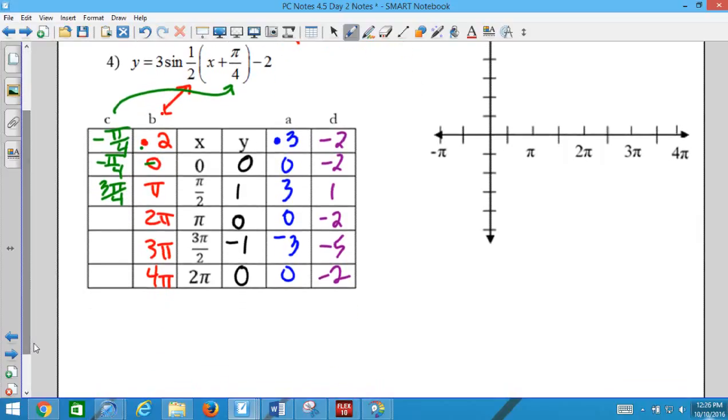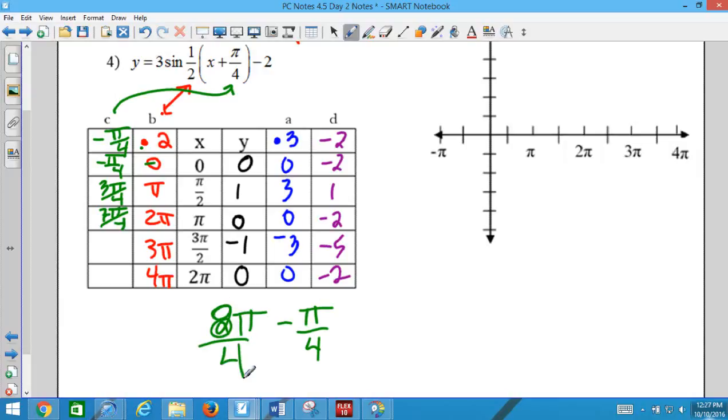Now we already did this one. 2 pi minus pi over 4. And if you're not looking back at your notes, if you want to know how to do that, 2 pi minus pi over 4, I'm going to change 2 pi into 8 pi over 4. So I get 7 pi over 4.